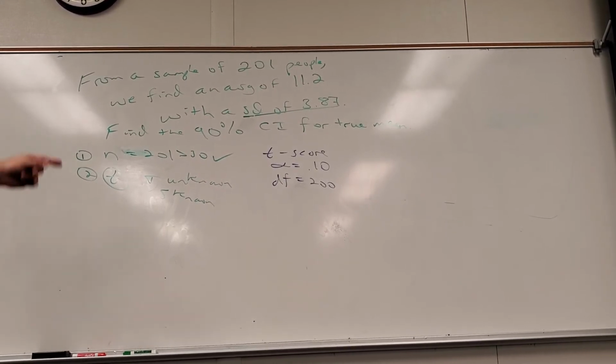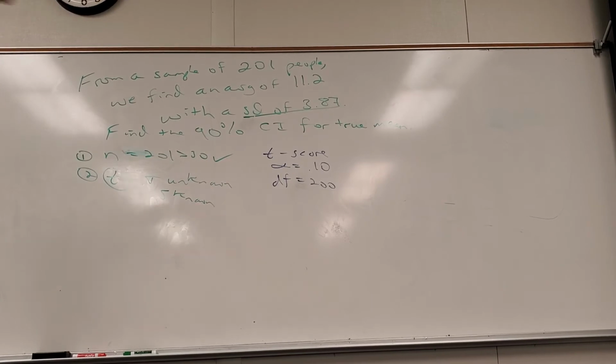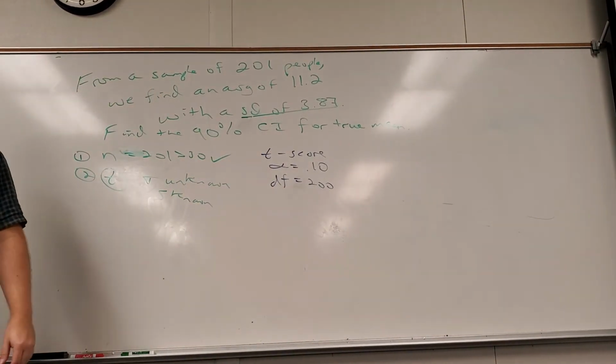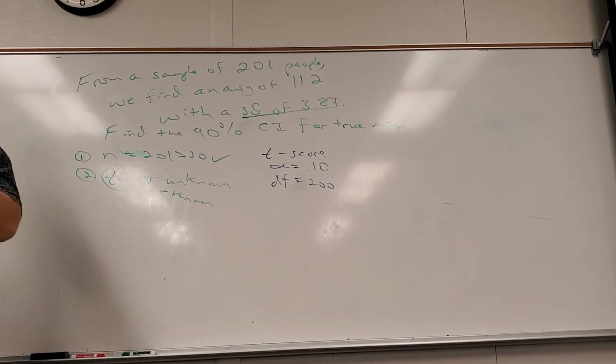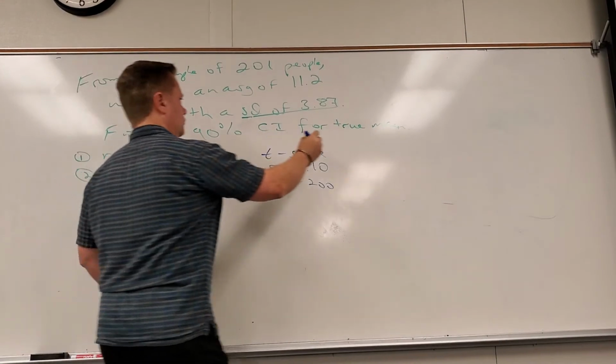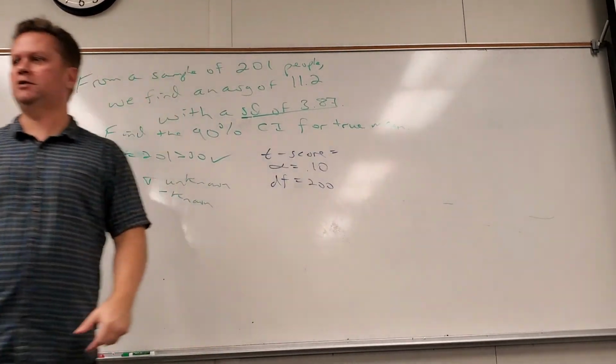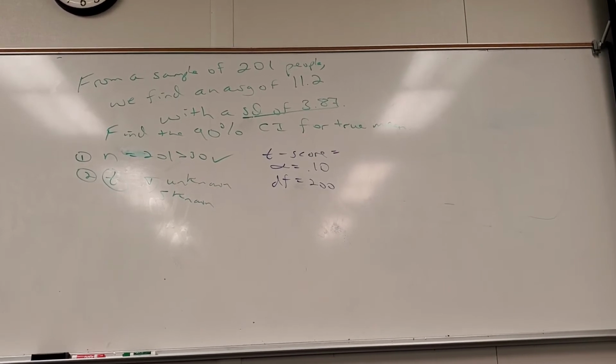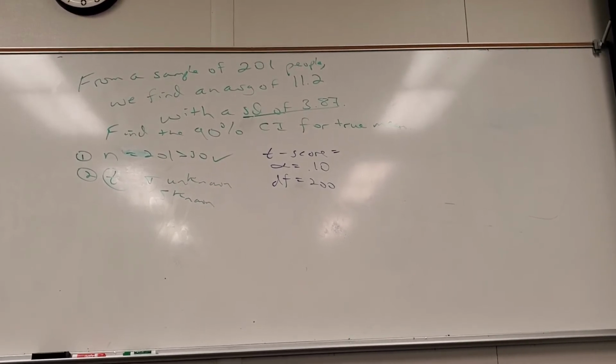No. I want a t-score, so I better stop at 200. Ooh, I get some dissension. So alpha's 0.10 in two tails. Stop at 200. Yeah, 1.66. I'm sorry, 1.653, right?